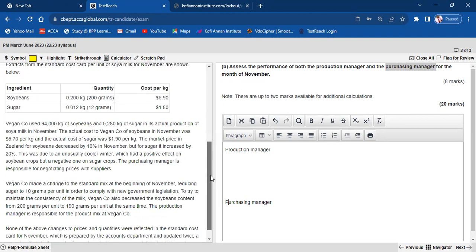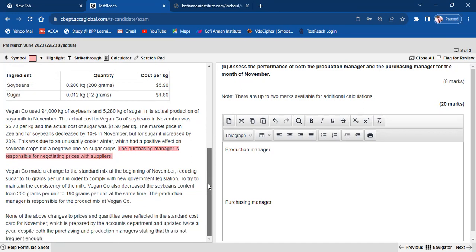Have they done well? Have they not done well? The purchasing manager, that's the number 2 here, is responsible for negotiating prices with suppliers.